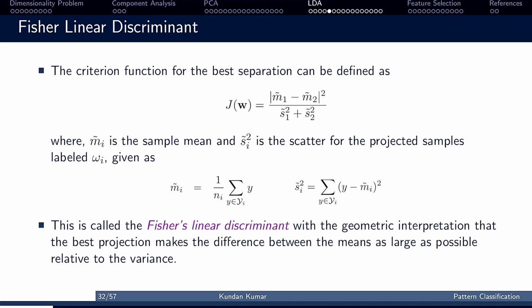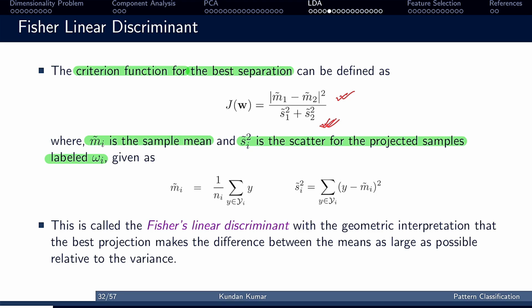Now we can define our criterion function for best separation using this expression, where mi is the sample mean and si square is the scatter of the projected samples from the ith class. You will notice here that the numerator is the difference between the means of the projected samples, and the denominator is the sum of the scatter of the projected samples for the different classes.